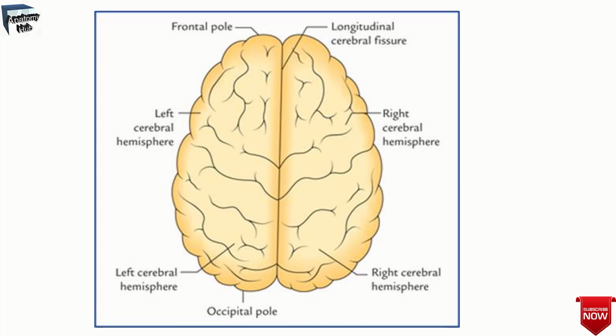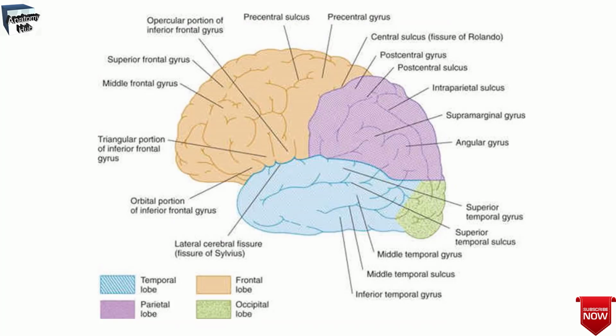So today we'll see the brain gyri. For that reason we'll have a superolateral surface, and we'll have a medial surface, and we'll distinguish the important gyri of the cerebrum. As you know, here you'll find the central sulcus.